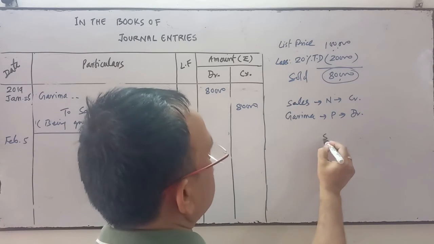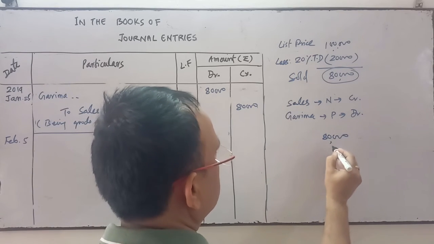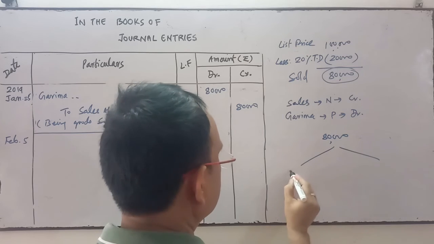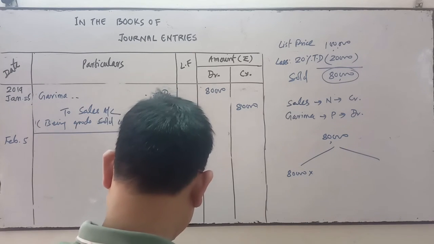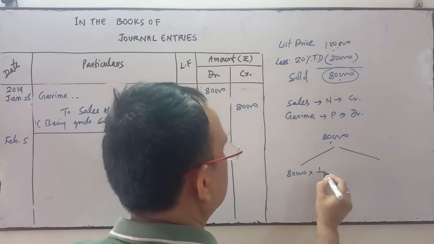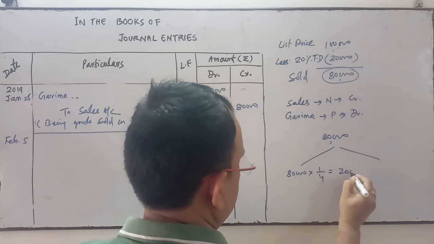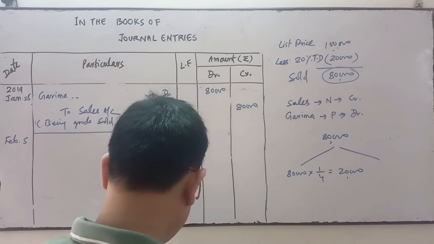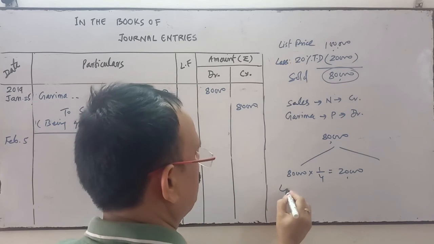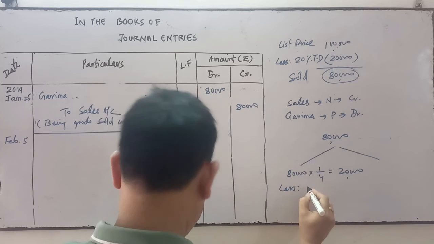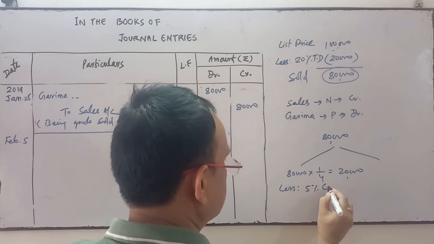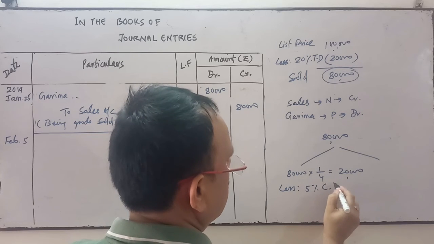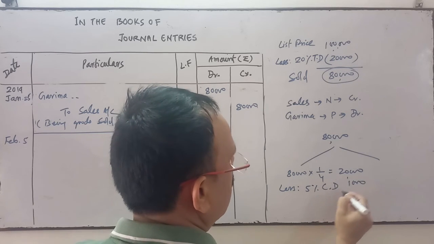So how much amount has she paid out of 80,000? She has paid 1/4 of the amount. 1/4 means 20,000, by check. So when she is going to pay 1/4 amount, as per the terms and conditions, she will get 5% cash discount. So 5% cash discount is 1,000.